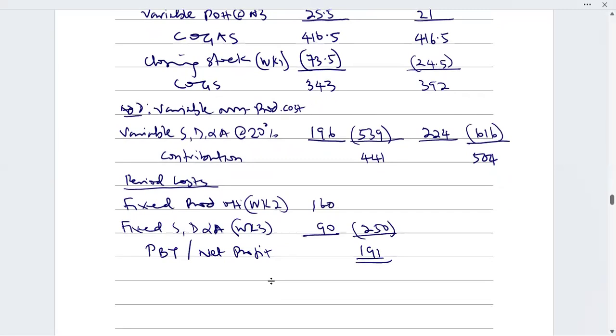The fixed production overhead will remain the same, 160. We have done the calculation down there. Then fixed selling, distribution, and admin is the same thing, 90. It will not change. So add it up. That's 250. So 250 minus 504 is 254.